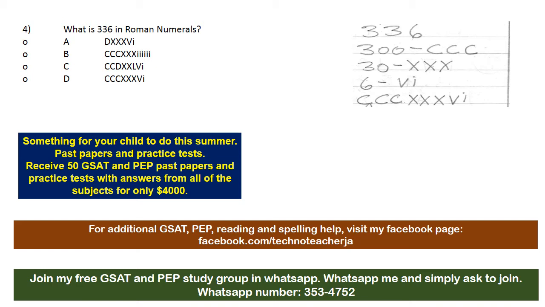So the rule says if the value of a letter is greater than or equal to the value of the letter to its right, add. C is greater than the value of the letter to its right, which is L. So 100 is greater than 50. So you add them. C plus L, 100 plus 50 is 150. So CL is 150.